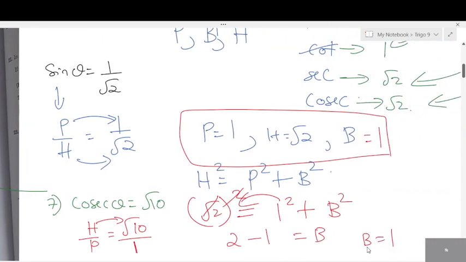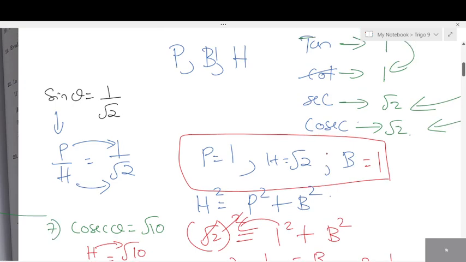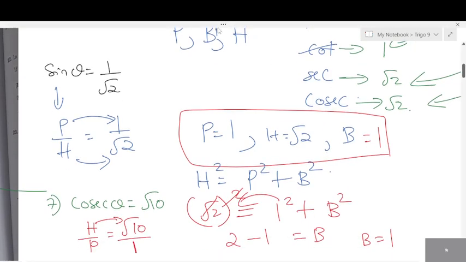So I want you to solve the seventh question. Is this clear? Have all of you understood how to solve? Yeah, you don't need a diagram. Try this, and I want you all to solve the seventh question. I'll give you all 5 minutes.